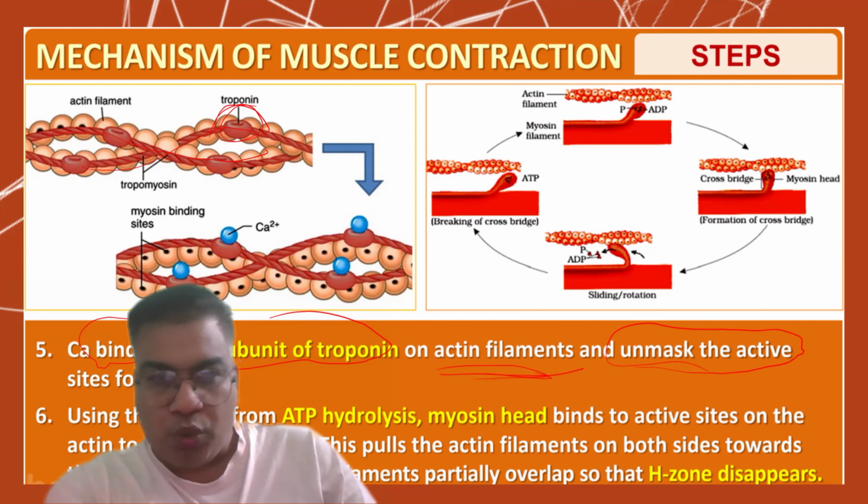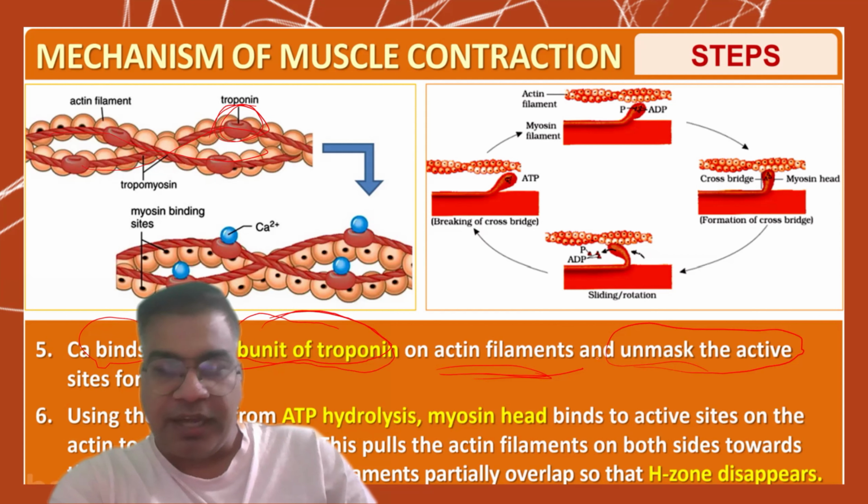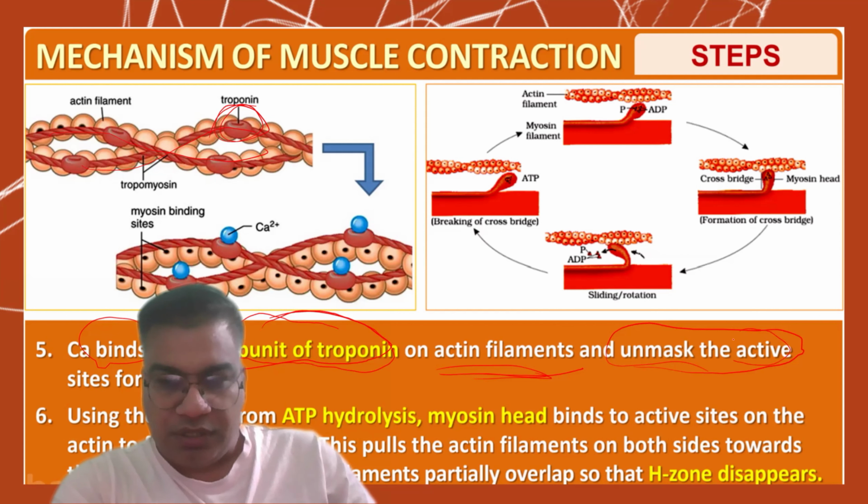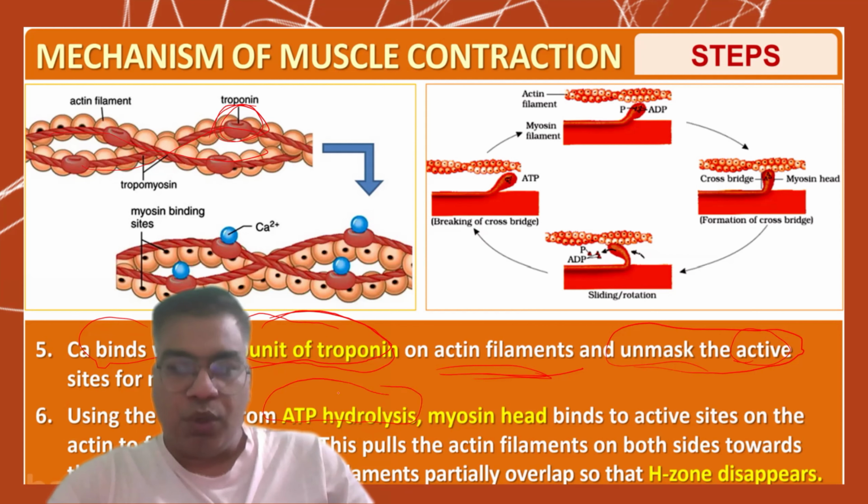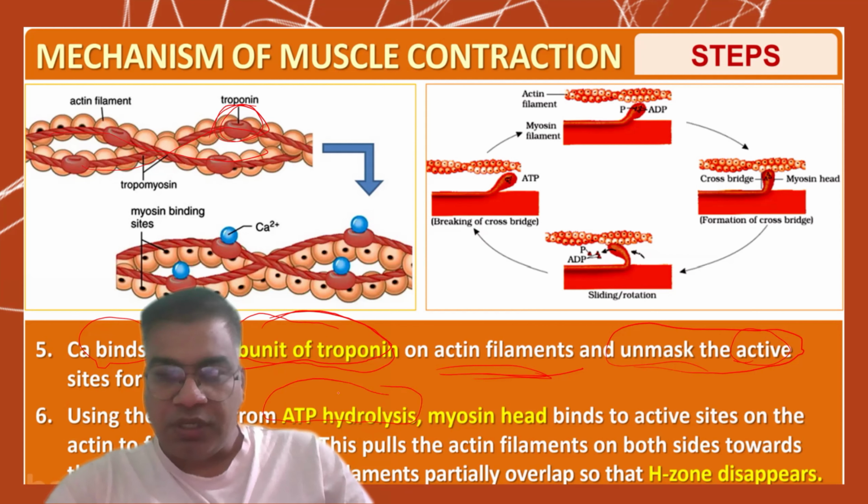This calcium will bind with the troponin subunit and unmask the active site of the myosin. There is also an ATP binding site, which is responsible for the binding of the myosin filament.